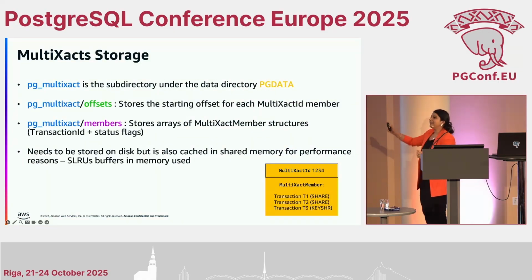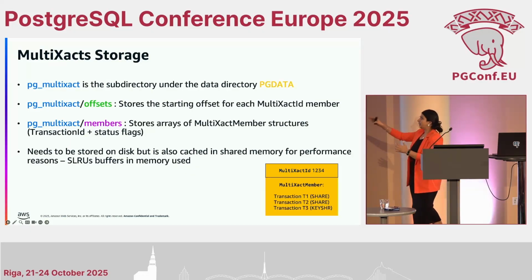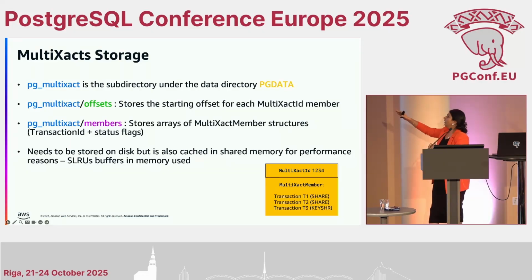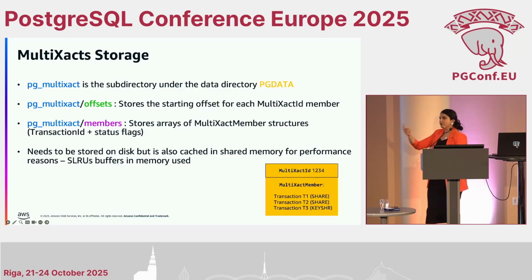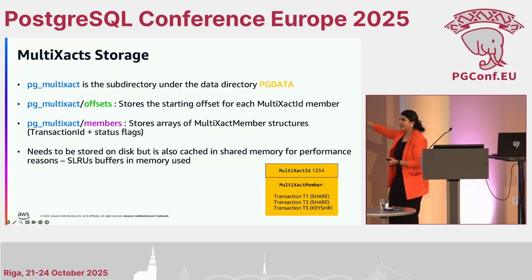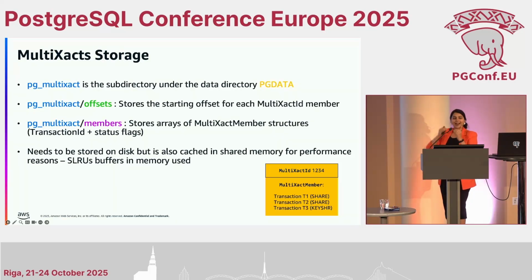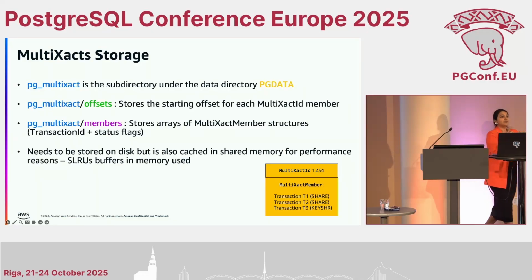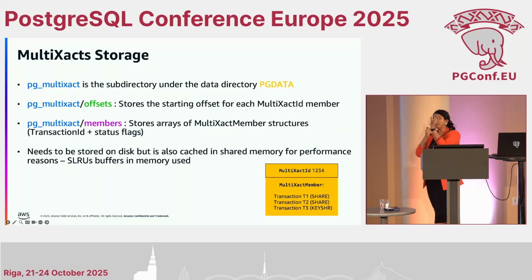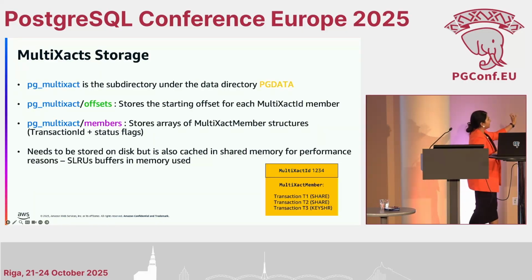So the multi-exact information, as you saw, those arrays are stored in the pg_multixact subdirectory, which is in the data directory in Postgres. And it has two subdirectories. One is the offsets, and one is the members subdirectory. So offsets stores the starting offset for each multi-exact member. So the one ID which we saw, which was in the Xmax, that was the multi-exact offset.